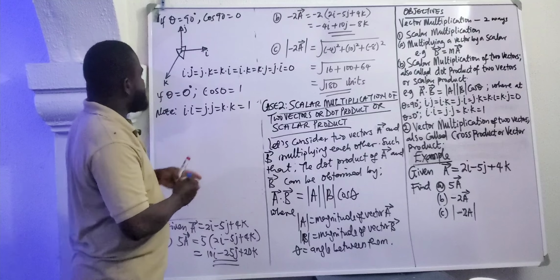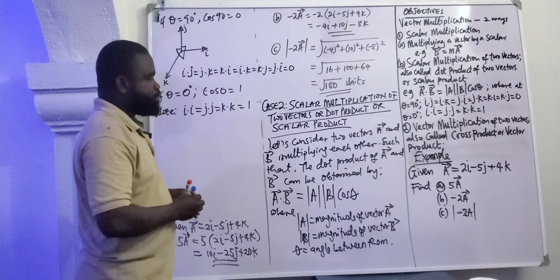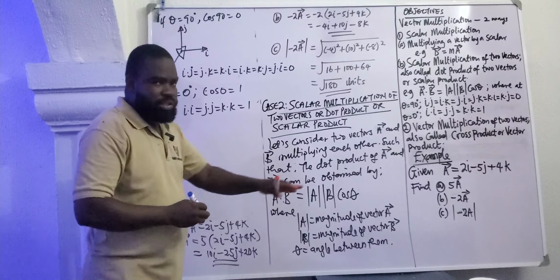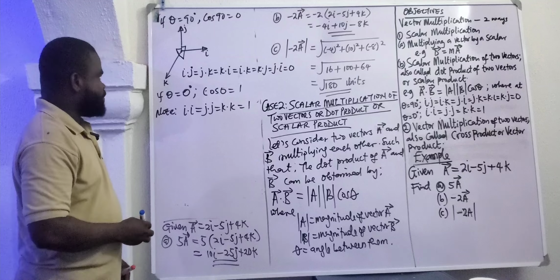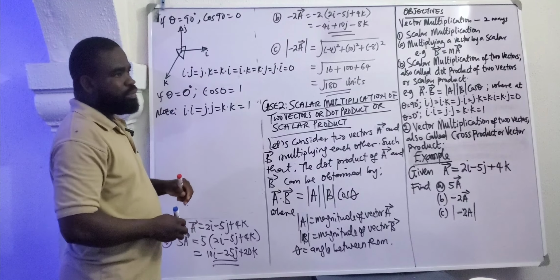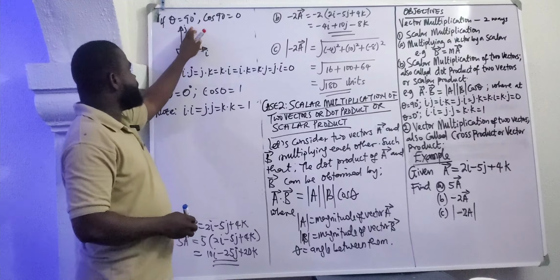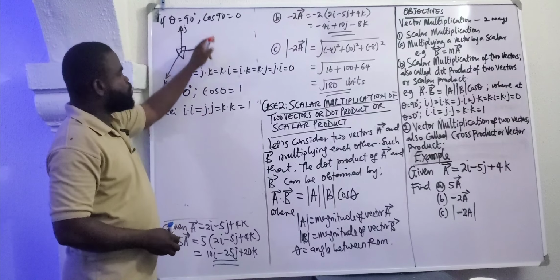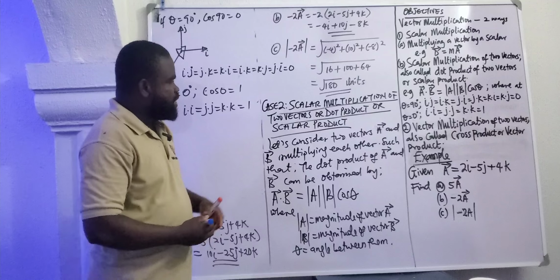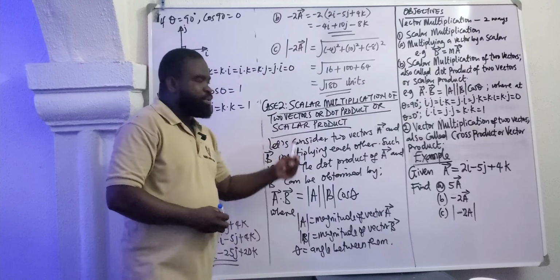So when the two vectors are parallel to each other, going in the same direction, the dot product will give you 1. It will be a maximum. But when they are mutually perpendicular to each other, the angle between them is 90 degrees, then their dot product will give you 0. Please take note of these two points, as we will use them in the next class to establish scalar product or dot product.